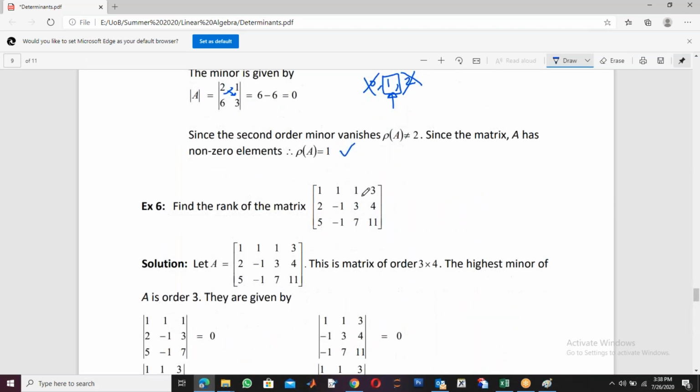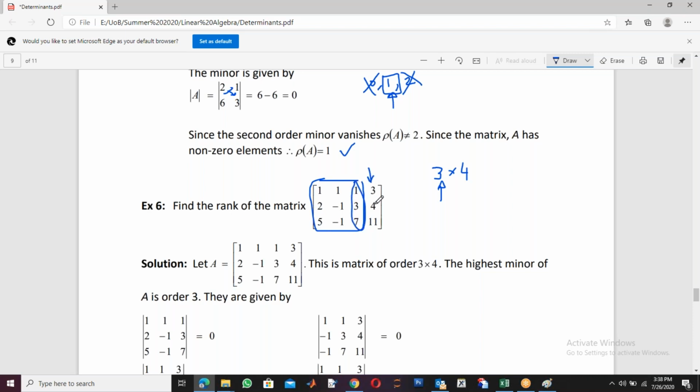Now if you go to a bigger matrix, there are 3 by 3 matrices as well and 2 by 2 matrices as well, because it's 3 by 4. It is 3 by 4, so there is no 4 by 4 matrix in it. So I have a minor of order 3 and minor of order 2. The first minor of order 3 is this, the first 3 columns. Then you can remove the third column and take this one.